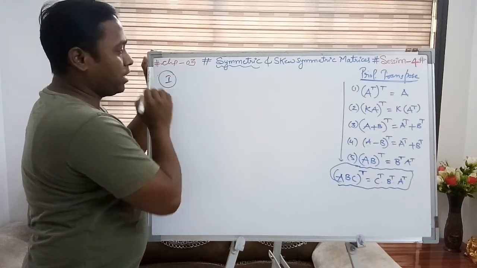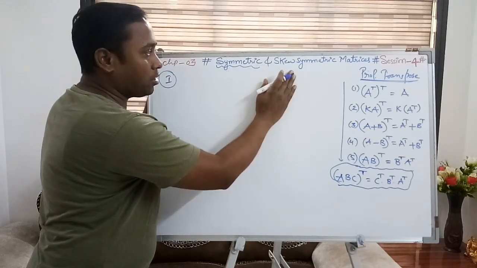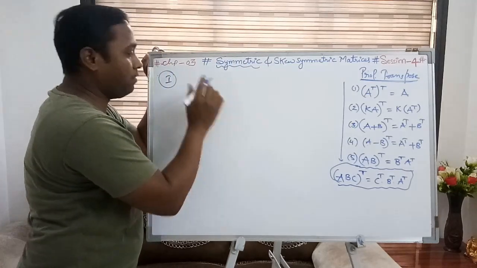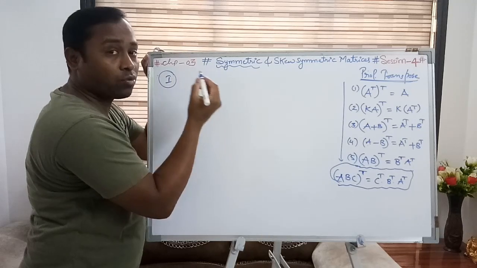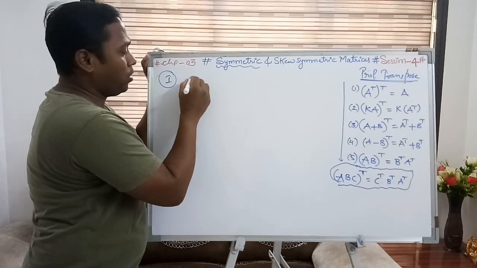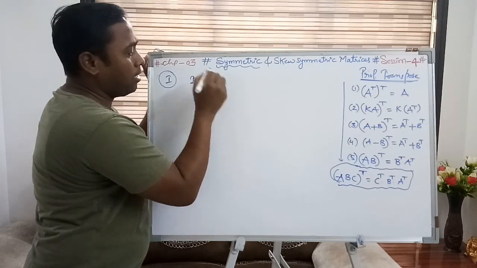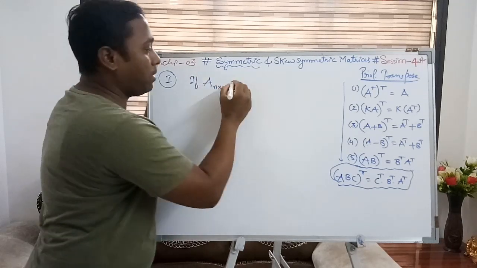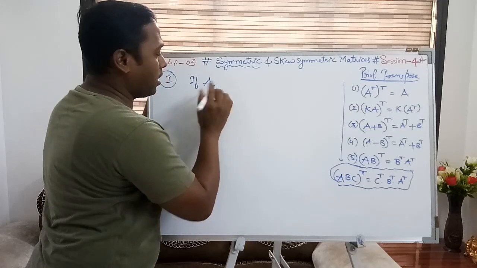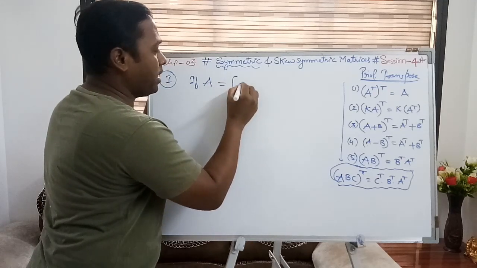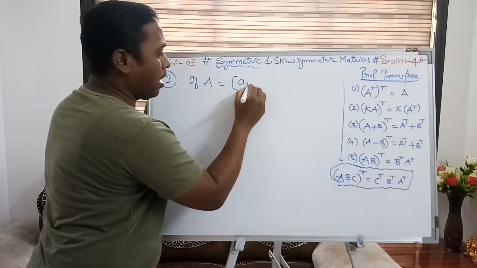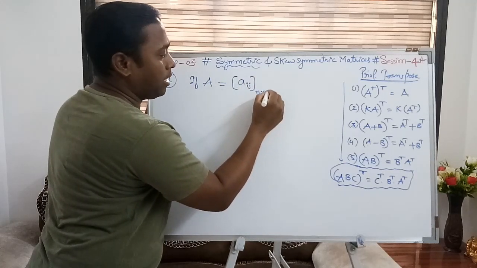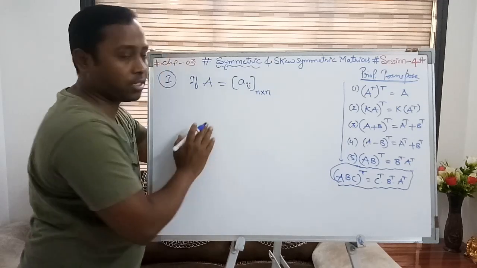Remember, the definitions of symmetric and skew symmetric are only defined for square matrices. So if a matrix A is of order n by n, or I can also write A is a matrix defined as A_ij, of order n by n, it means it's a square matrix.